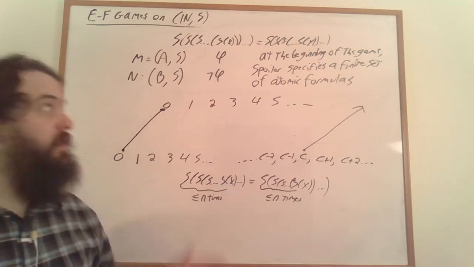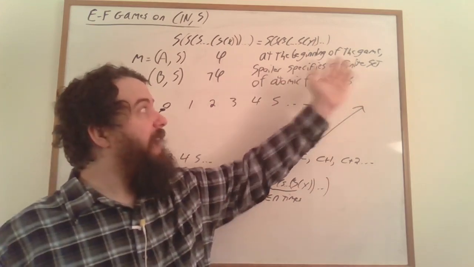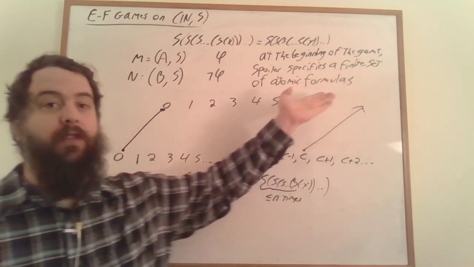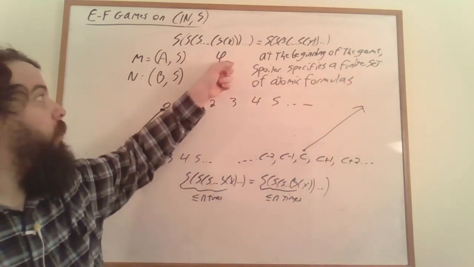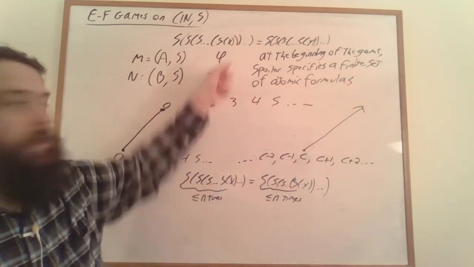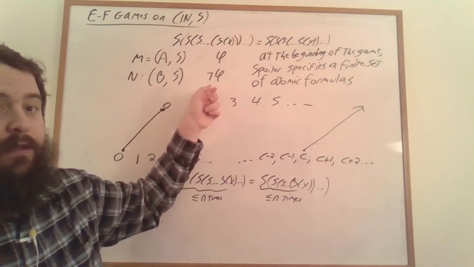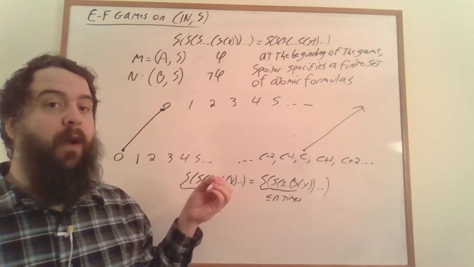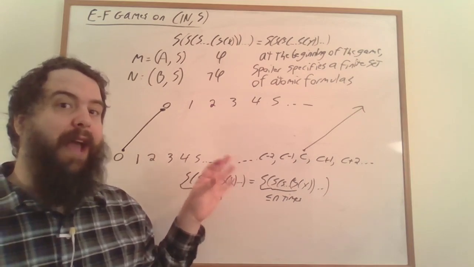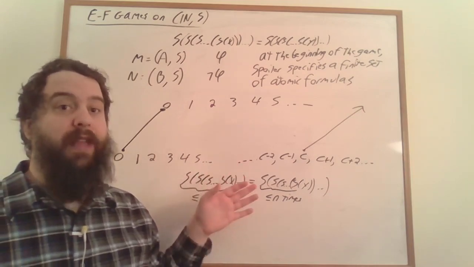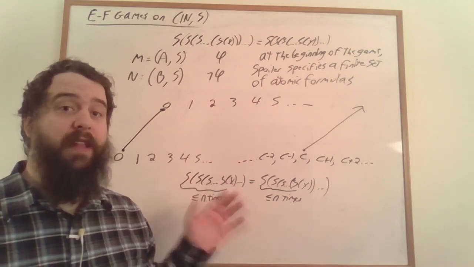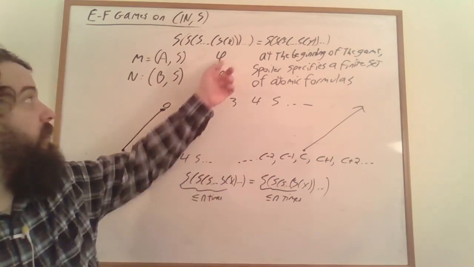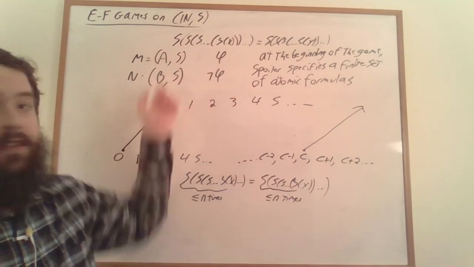At the beginning of the game, Spoiler would specify a finite subset of those relations that they hope will show up in this formula that distinguishes those two structures, and then Spoiler and Duplicator play the game where they only are allowed access to that finite number of relations. Spoiler is perfectly happy because they're still allowed to exploit this difference between these two structures.